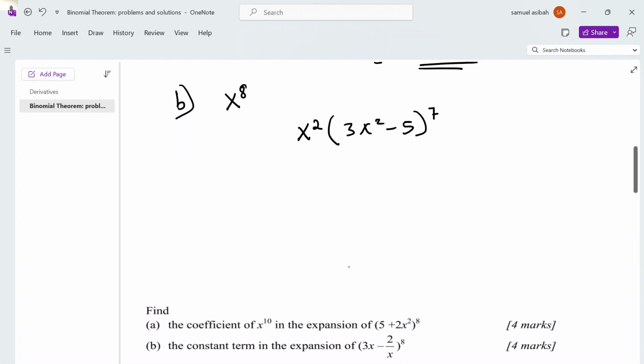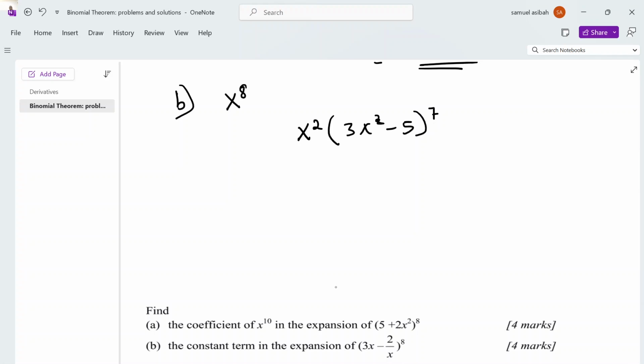So it is the same expansion, but in this case now there is x squared outside. Now, this is also a matter of exponents. You ask yourself, up to what level can you now get x raised to 8?